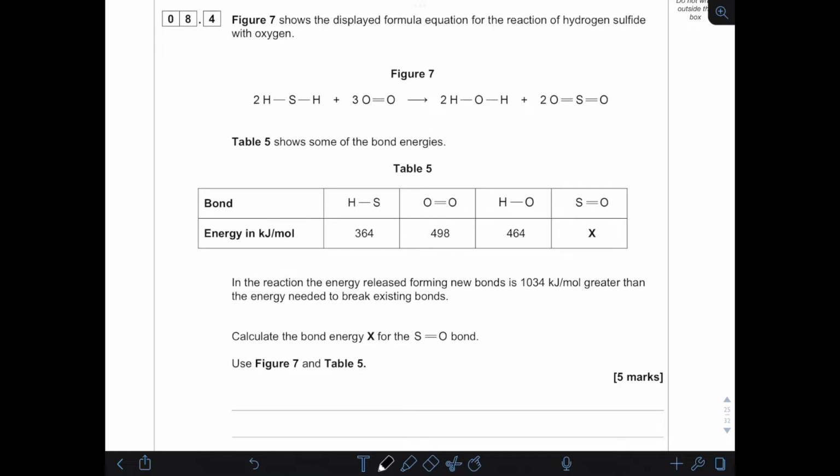So what you need to do here is to calculate the bond energy for the SO double bond, which is essentially you need to add numbers up, right? So we know the reaction profile, which is from a higher energy state to a lower energy state.